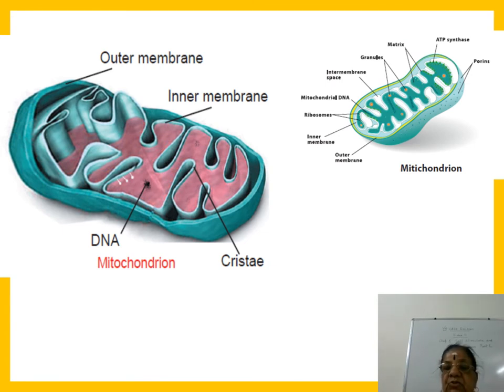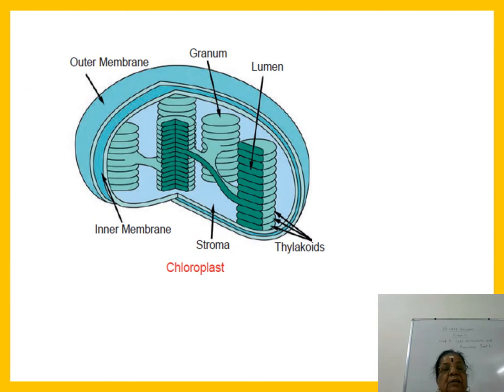Okay. The next one is chloroplast. As I said, the plant cell has the characteristic feature of the presence of chloroplast. Normally, a plant cell is characterized by the presence of a cell wall, presence of plastids, and presence of a large vacuole. Now this plastid is of three types: chloroplast, chromoplast and leucoplast.